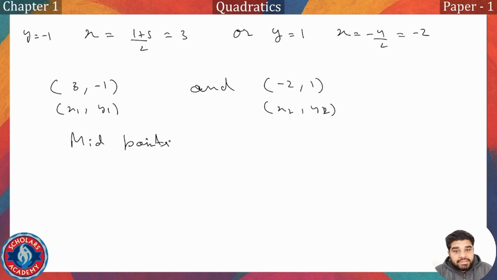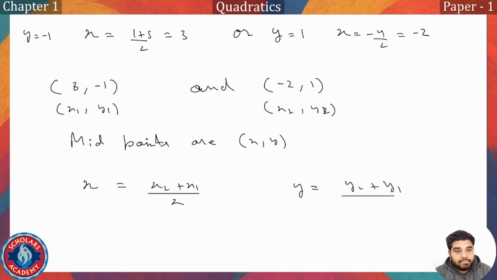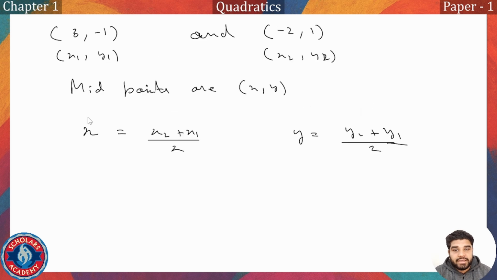So midpoints are x comma y, where x is equal to x2 plus x1 by 2, and y is equal to y2 plus y1 by 2. So we'll substitute the values of x1 and x2 and y1 and y2 and get the coordinates for the midpoint.